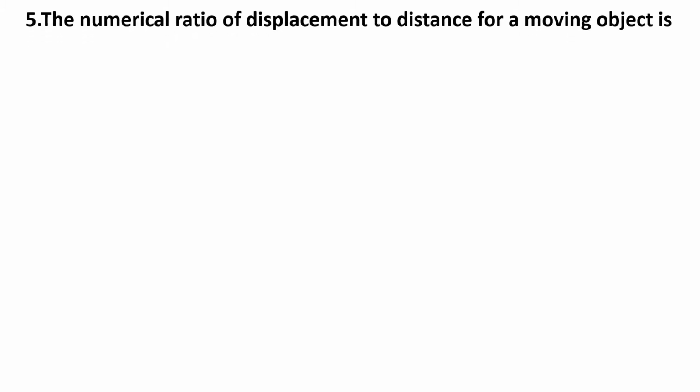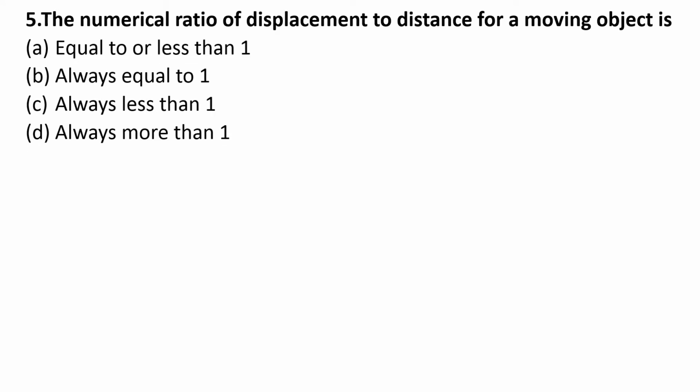Fifth question. The numerical ratio of displacement to distance for a moving object is, options are option A equal to or less than 1, option B always equal to 1, option C always less than 1, option D always more than 1.